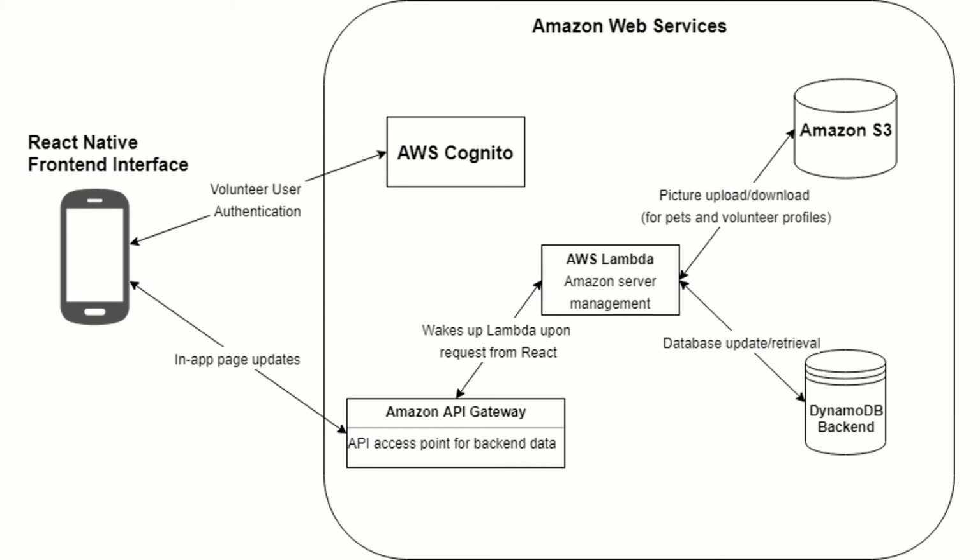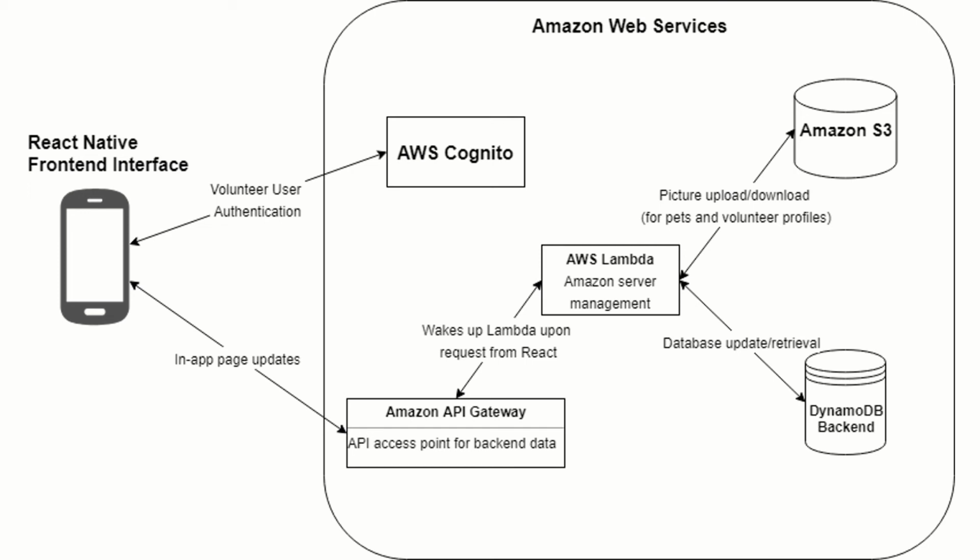So here's a quick overview of the connection between the front end and the back end for our app. Everything is going to be managed through Amazon Web Services through the serverless architecture implemented by AWS Lambda. There's going to be two main calls coming from the React Native front end.